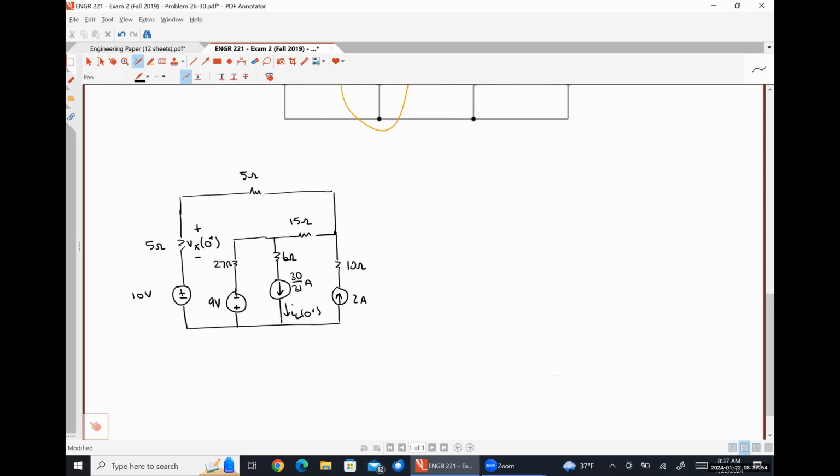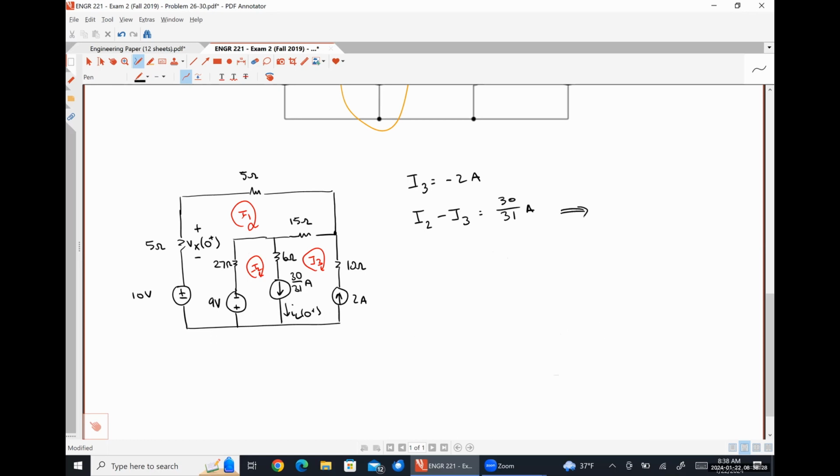All right, so mesh analysis: I1, I2, and I3. We can see from the jump that I3 is negative 2 amps and I2 minus I3 is 30 over 31 amps.